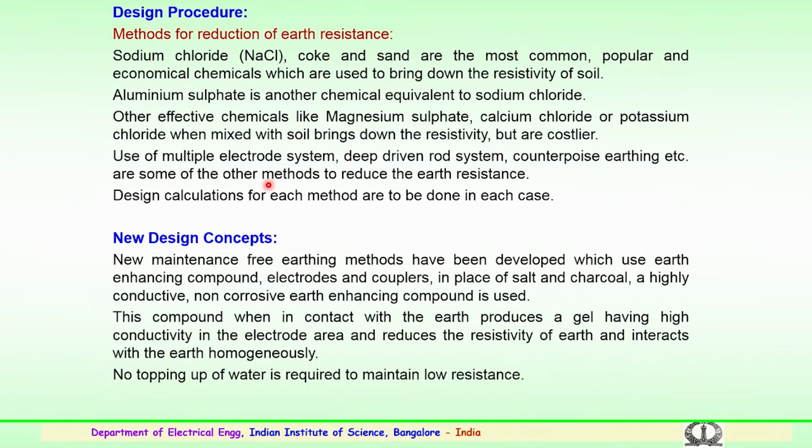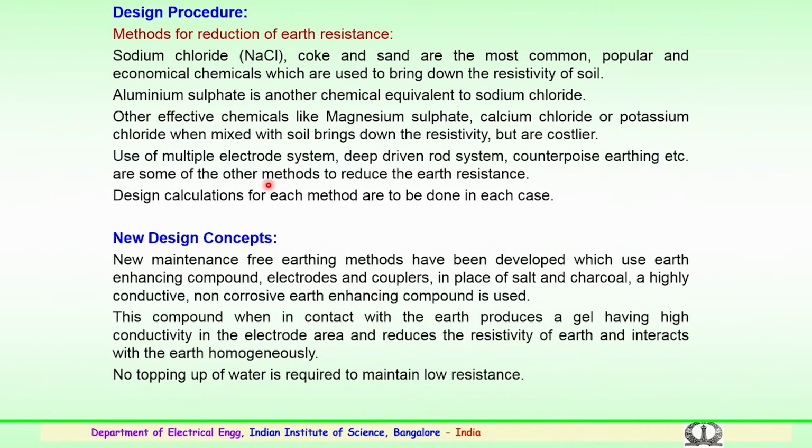So, how are the design procedures adopted for a reduction of the earth resistance? We will discuss some of the methods for reducing the earth resistance apart from the general design aspects and the material which is being used. The earlier method of reducing earth resistance is typically the sodium chloride salt, which has been used for a long period of time.